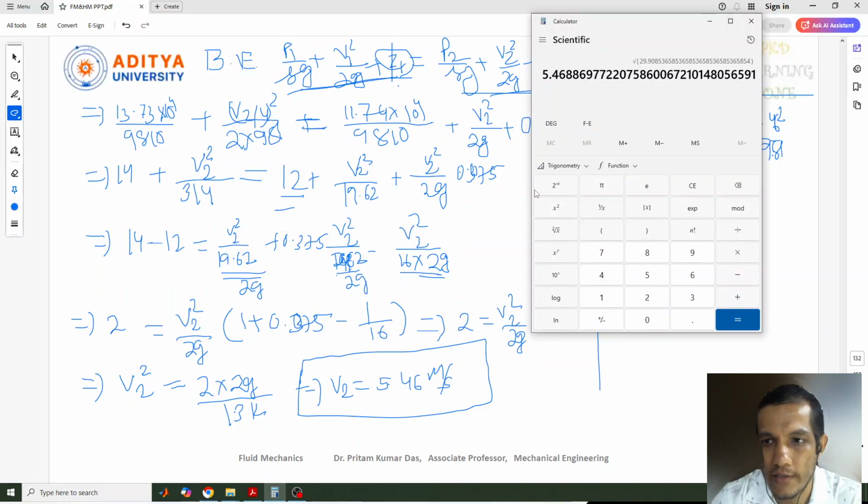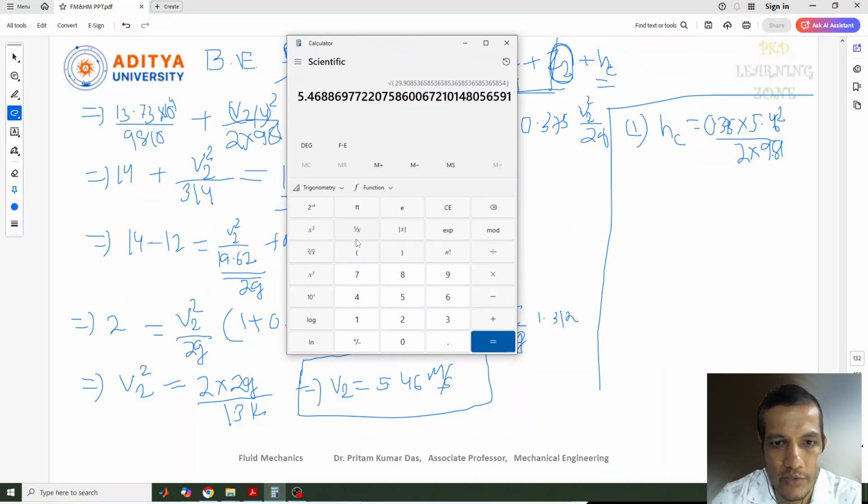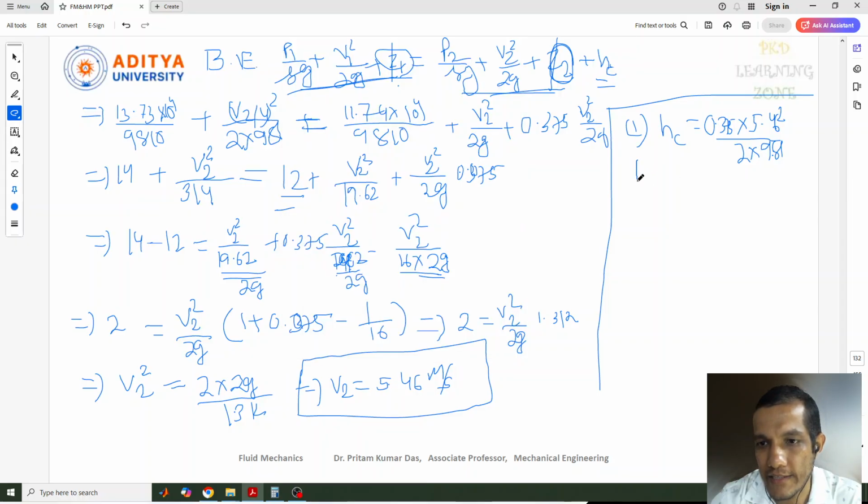So let's calculate: 5.46 square into 0.375 divided by 19.62, 0.569. So this is HC.